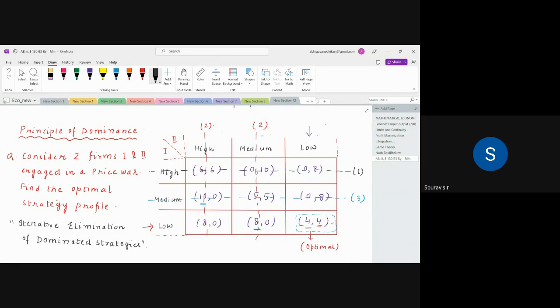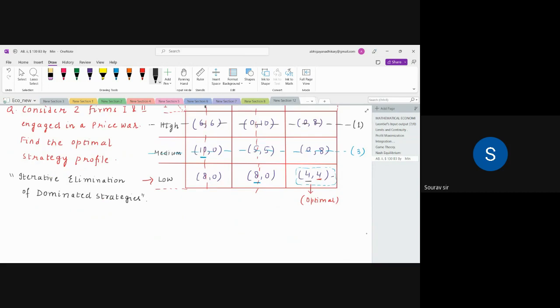This is the method that we're using. Okay.